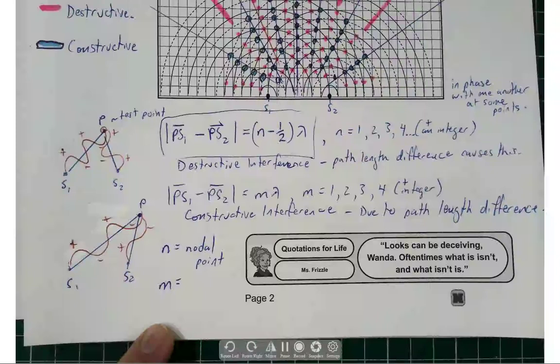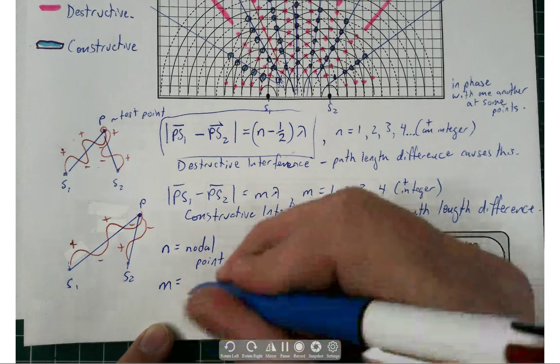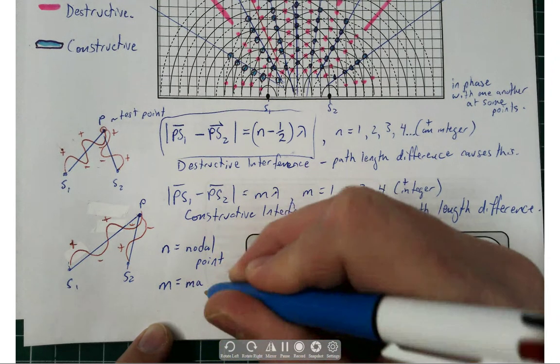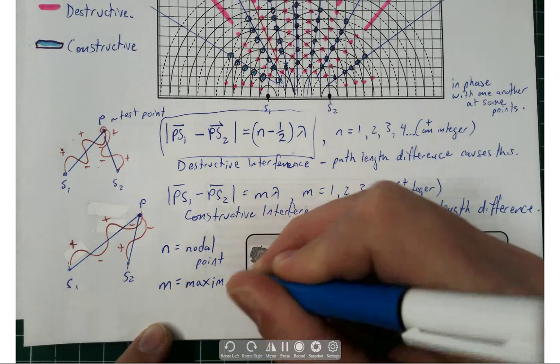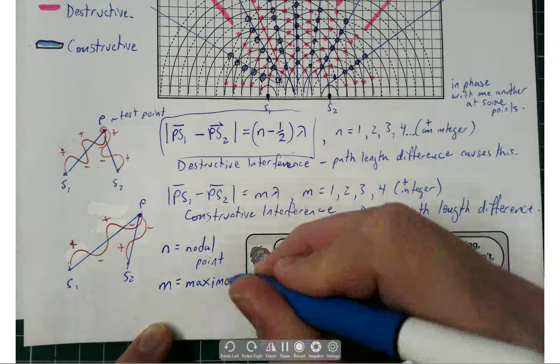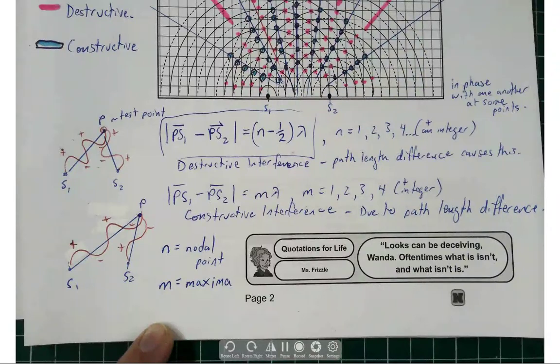Now, typically people use n, m, and l as integers when they're making up coefficients in math and in physics. I'm going to use m because of that tradition, but I also want to use it as a memory aid because I'm going to use m as where the maximum, plural of maximum is maxima, where the maxima occur.